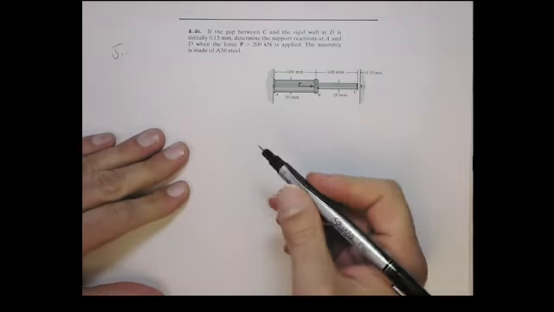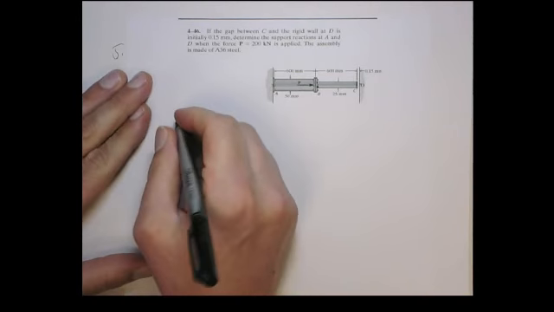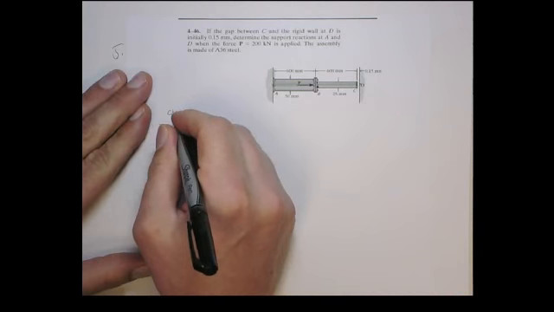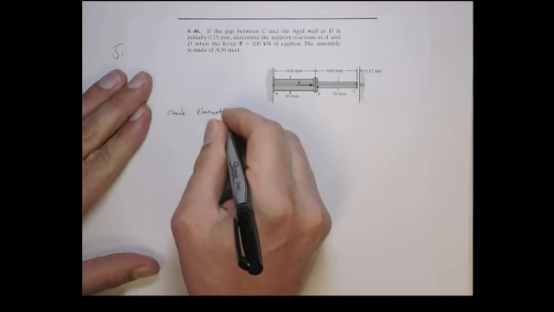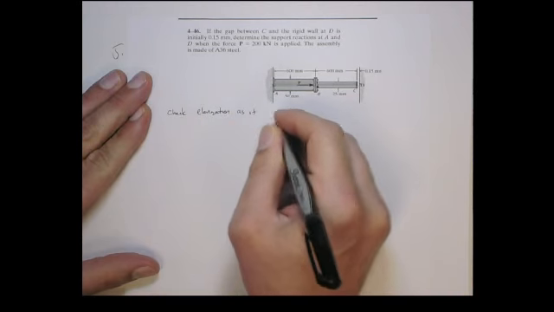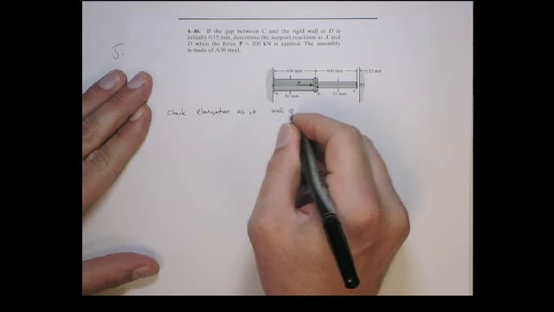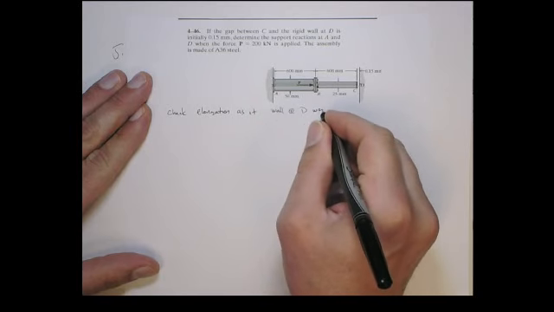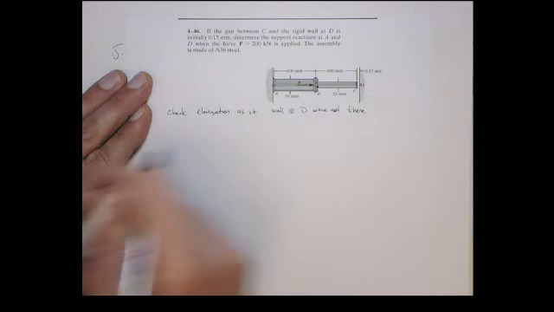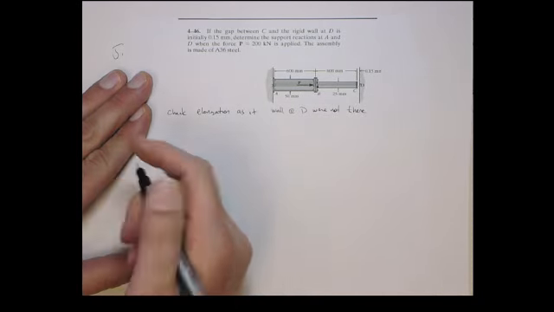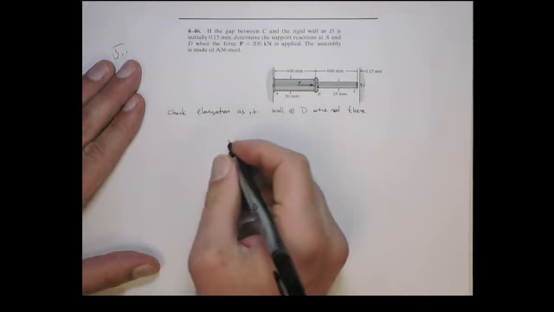So let's check the total elongation as if the wall were not there. Forget the wall and just figure out the elongation.